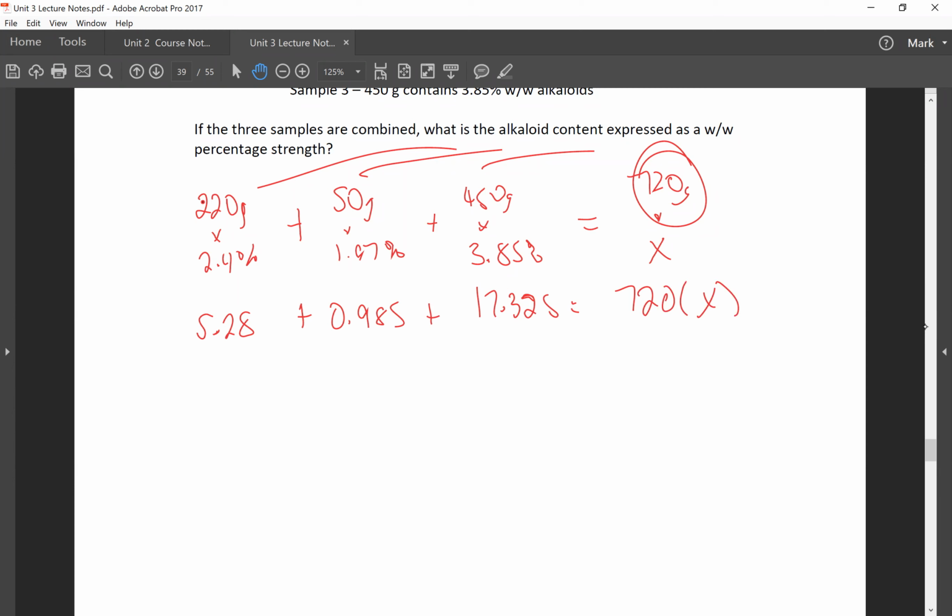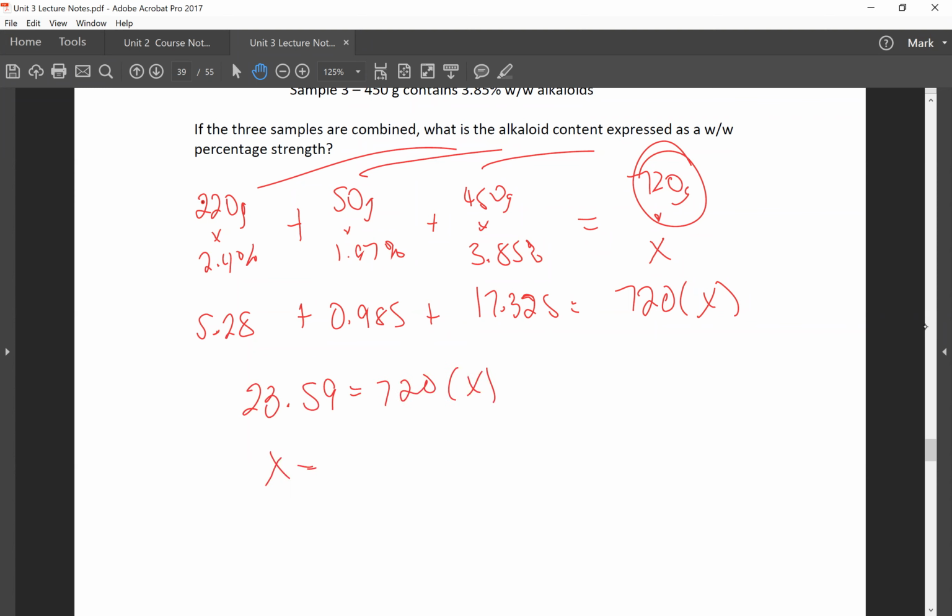So now I'm just going to solve this. So I'm going to add up everything on the left. Just give me a second to do that. Oops. So when I add up everything on the left, I get 23.59 equals 720x.